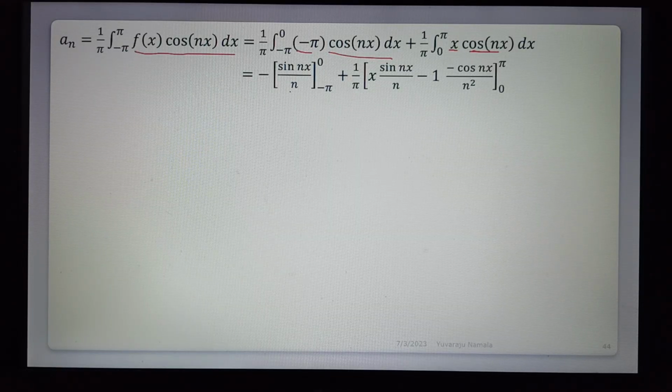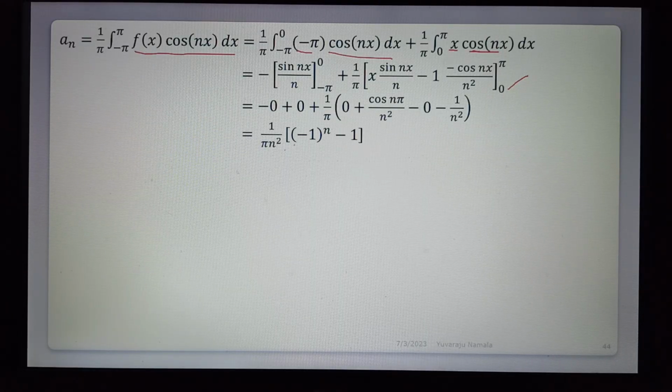Substituting the limits, sin 0 is 0 and sin nπ is 0, so 1 by 5 into π is x, sin nπ is 0, minus to minus plus cos nπ by n square at the lower limit 0, minus to minus plus into minus cos 0, 1 by n square. So that is equal to, taking 1 by n square common, 1 by n square π into cos nπ, into (-1)^n minus 1. This is the an value.